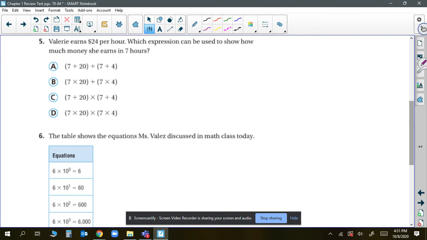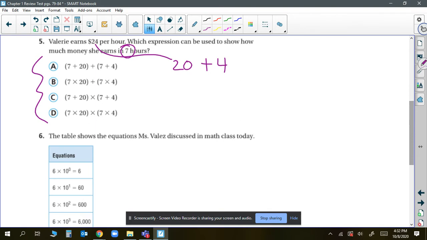All right, number 5. Valerie earns $24 per hour. Which expression can be used to show how much money she earns in 7 hours? Okay, so with this one, they're actually going to be using the distributive property, because what they did here when you look at these answers is they took that 24 and they split it into 20 plus 4 and then multiplied each of those numbers by 7.